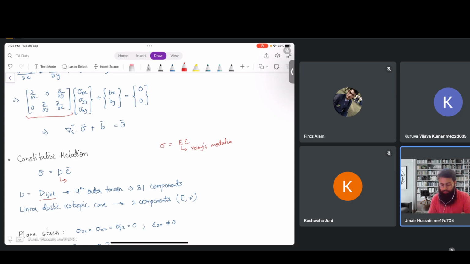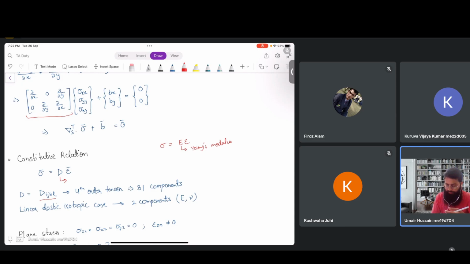So this represents a fourth order tensor, and in 3D it is supposed to give 81 components. So there are a lot of material constants involved here, but luckily, due to the symmetries involved in the tensors sigma and epsilon, these reduce by a large number.